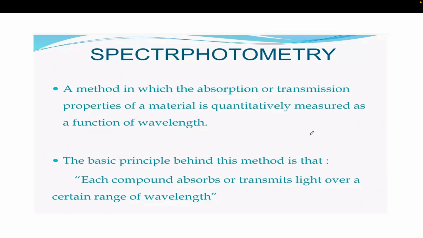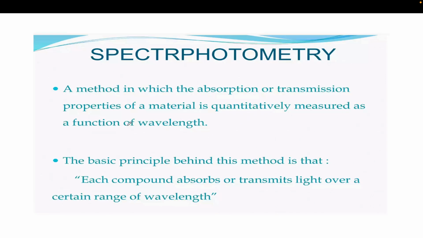At a particular wavelength, the substance absorbs light and transmits light, and based on that property we can identify and quantitatively measure the material. That is called spectrophotometry, and the instrument that performs this experiment is called the spectrophotometer.